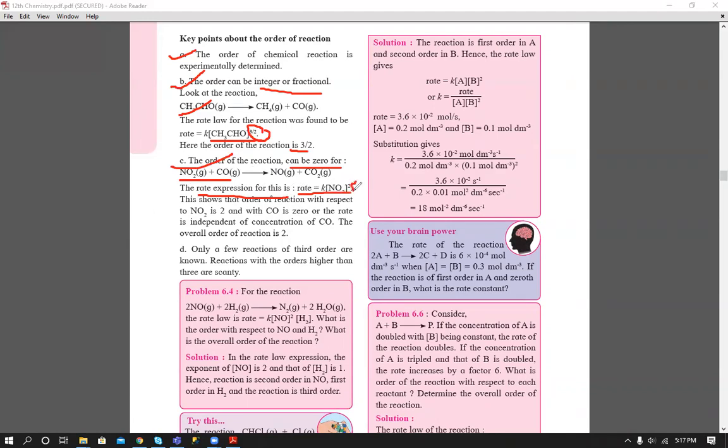We can also write CO in square brackets with power 0. If the power of any term is 0, then it comes out as 1, so that is why it is not written here. It is written that the rate is independent of the concentration of CO, and the overall order is 2.